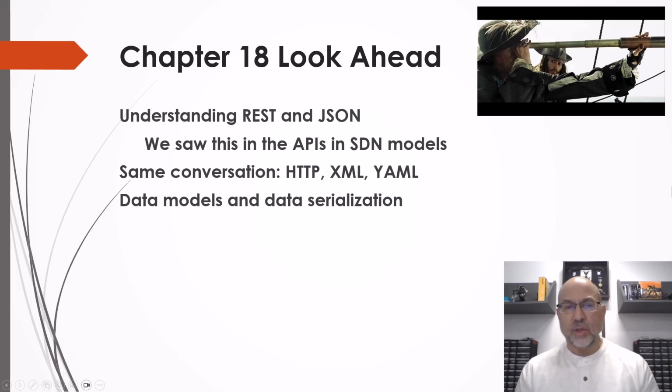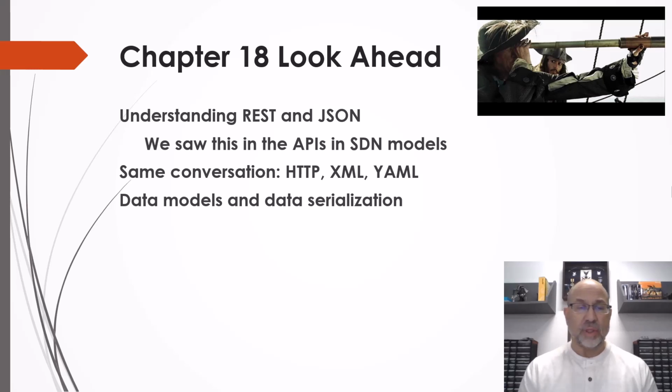The Chapter 18 look ahead, understanding REST and JSON. Remember that when we're dealing with the northbound API, that is going to be a REST API, and so structured in a particular way, right? That HTTP messaging, and the formatting will be JSON based. But related, of course, is the HTTP protocol itself, XML, YAML. These are all other ways to organize your model language and the descriptions and everything else.